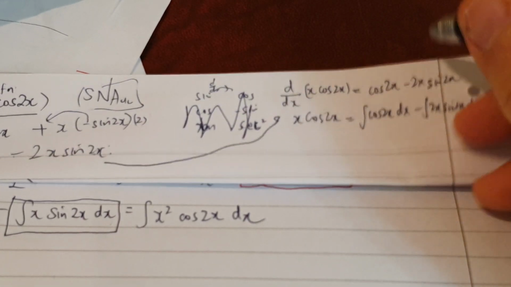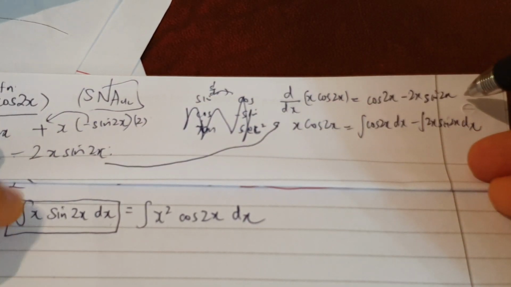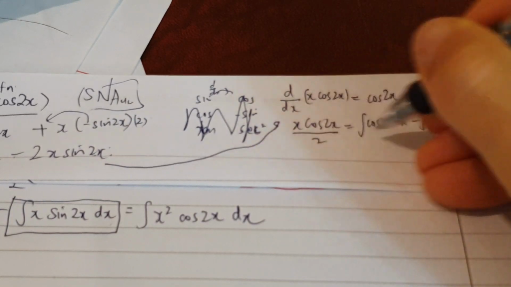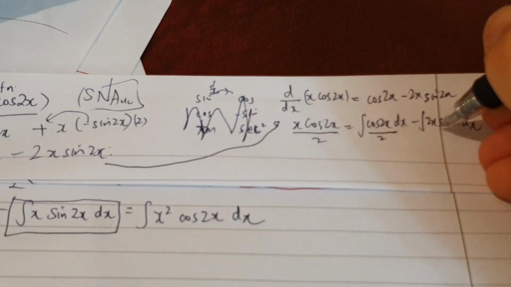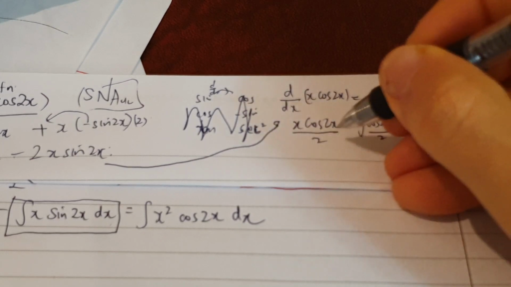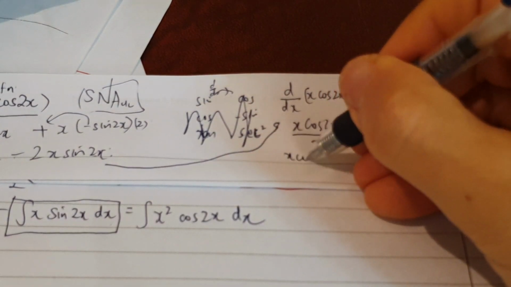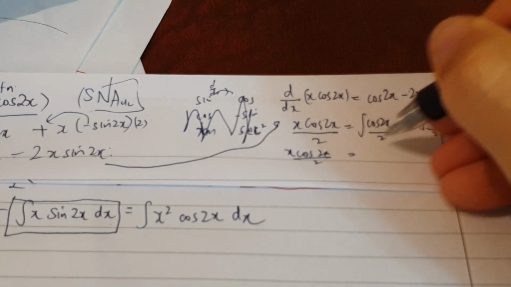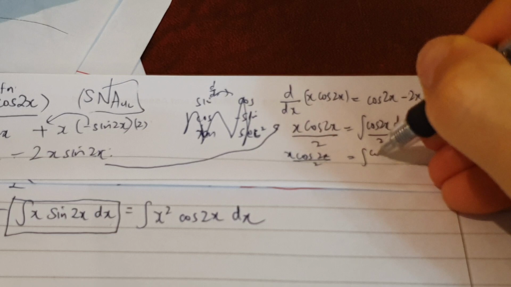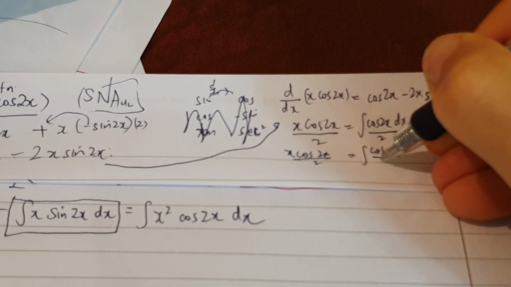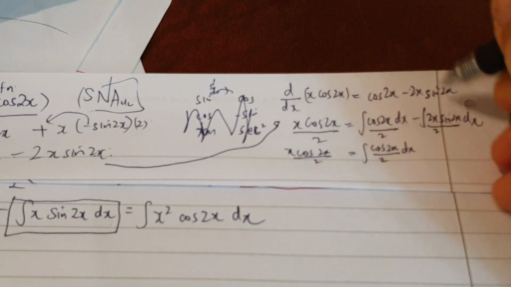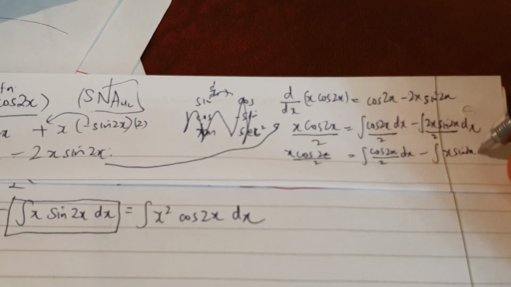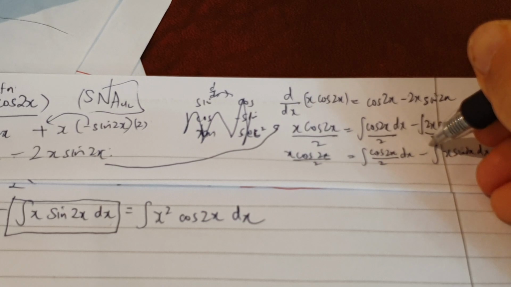Okay, now because I don't want the 2, I divide throughout by 2. And that will give me equals to minus x sine 2x dx, which is what I want.